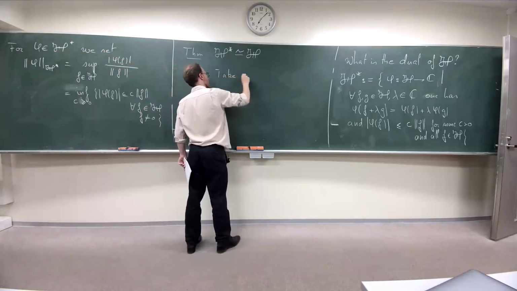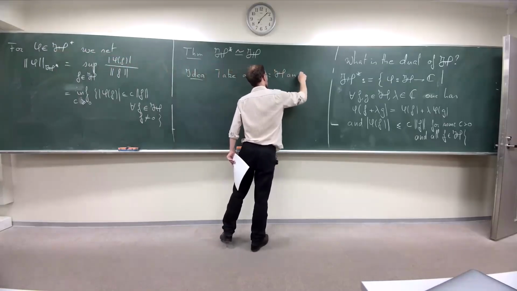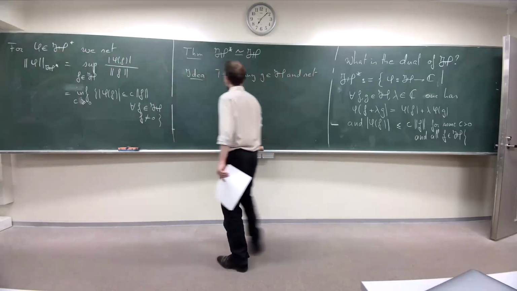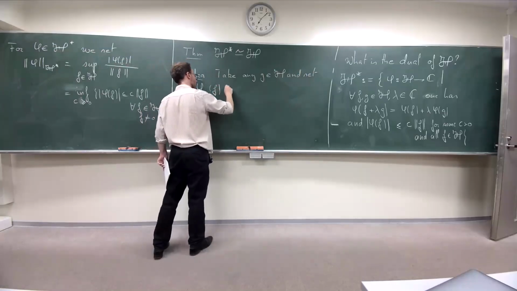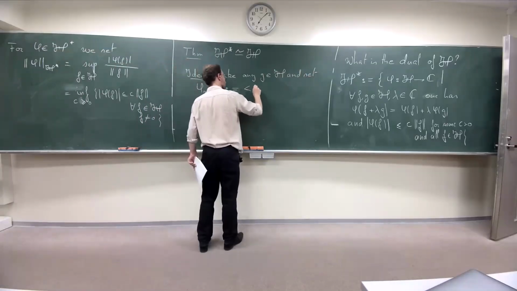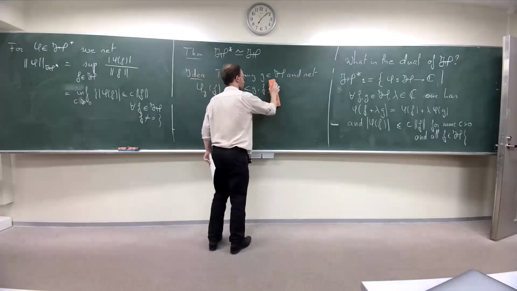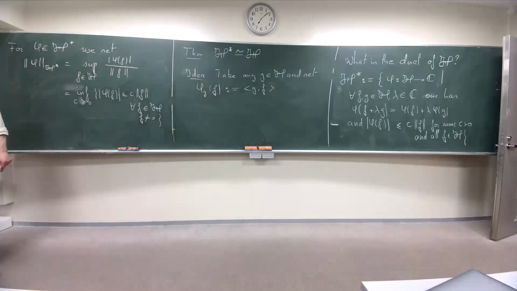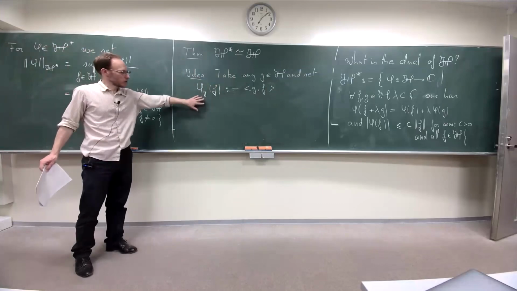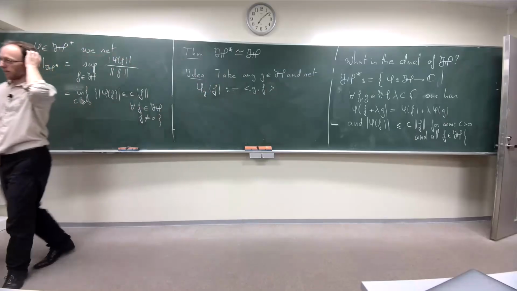Take any G inside H and set phi indexed by G of F to be this scalar product. I define what is going to be an element in the dual. We don't know it yet, but I define this.